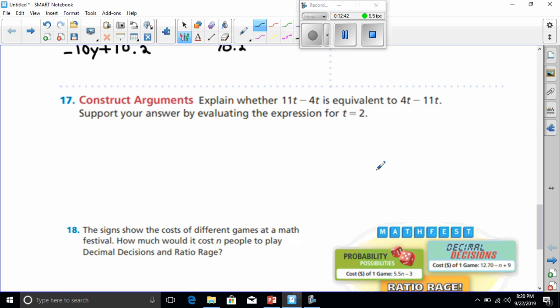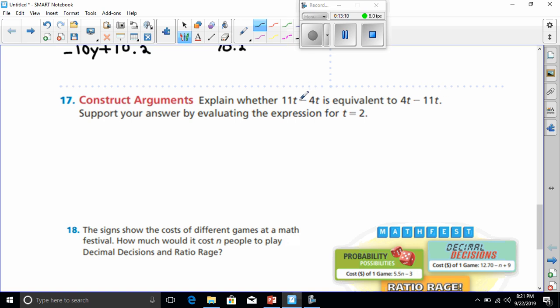All right, let's go to number 17. Explain whether 11t minus 4t is equivalent to 4t minus 11t. Support your answer by evaluating the expression for t equals 2. Well, I can tell you right now these two are not alike, and the reason is I have a negative sign in front of this term, -11t, okay?